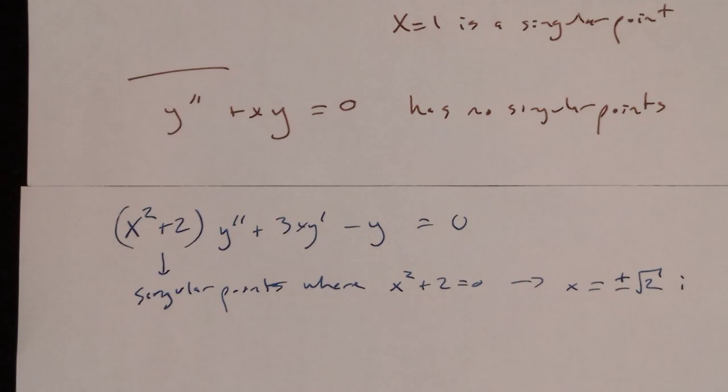So every other number that we haven't explicitly listed as singular is ordinary. That means in all of these, so far, 0 has been an ordinary point. I like that. But if it isn't, I'll pick another value. I like ordinary points. And the reason I like ordinary points is for the following theorem.